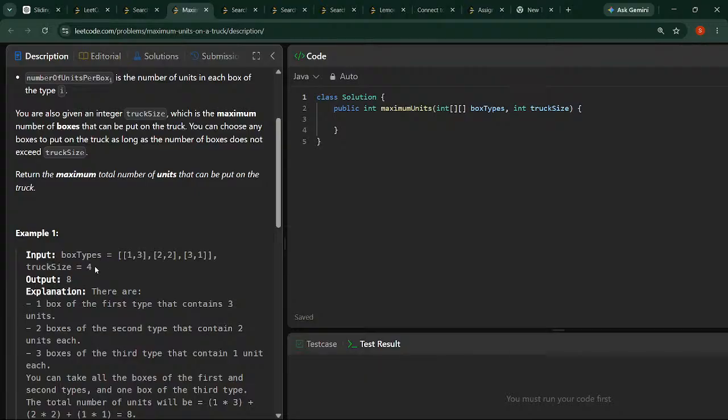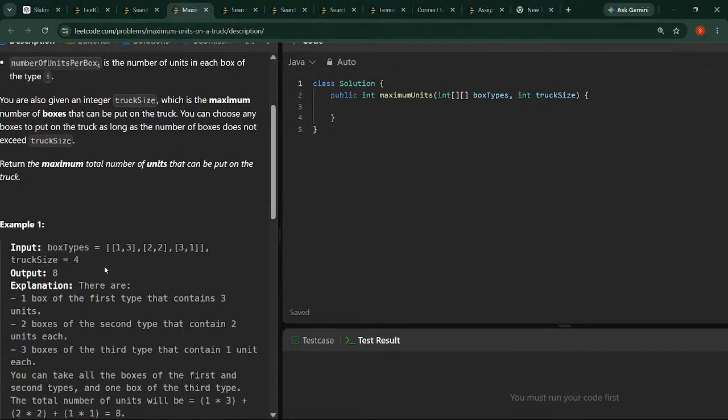Okay, I kind of got it: the truck size is 4. There's one box of the first type that contains 3 units, and two boxes of the second type that contain 2 units each, and three boxes of the third type that contain 1 unit each. Our maximum truck size is 4.